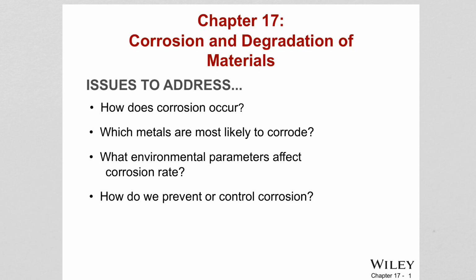So in this chapter we're going to see how corrosion happens, which metals are most likely to corrode, what environmental parameters affect corrosion rate, and how we prevent and control corrosion.